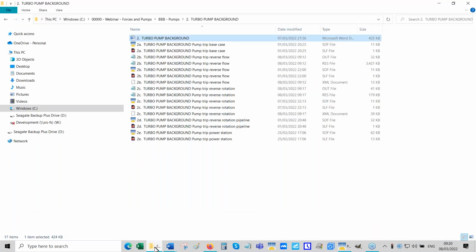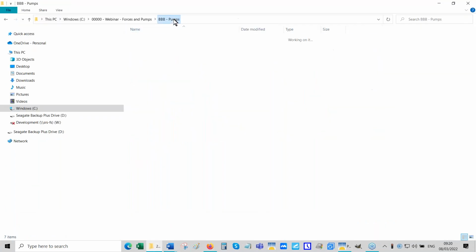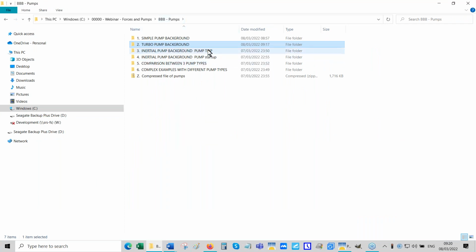Next one. Inertial pump. I told you that there are two modes, pump trip and pump startup.